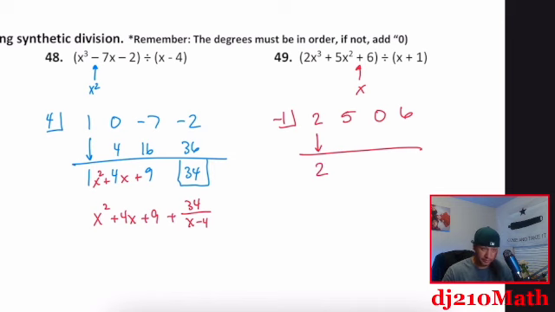Times -1. Plus 5. Times -1. Plus 0. Times -1. So when you add, this makes 9. I'm just double checking my numbers because it's late.